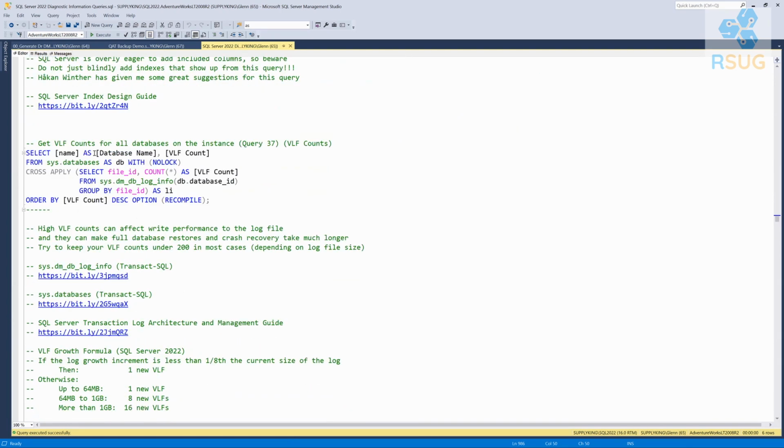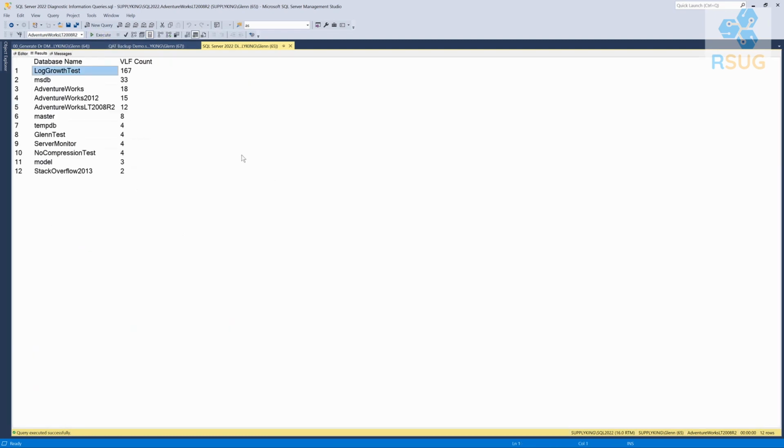All right, the next one is virtual log files, VLF counts. And this will show you for all your databases how many VLFs they have. And 167 is pretty low. The reason you care about this is that if you have above about 1,000 VLFs, it starts to affect the write performance of the log file, and it makes crash recovery take longer.